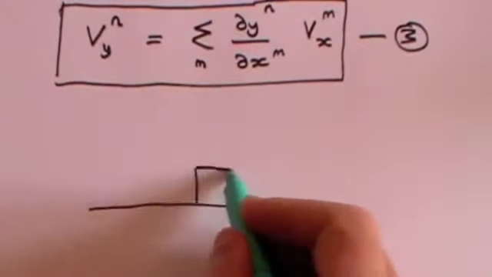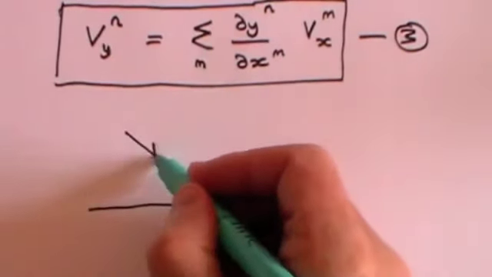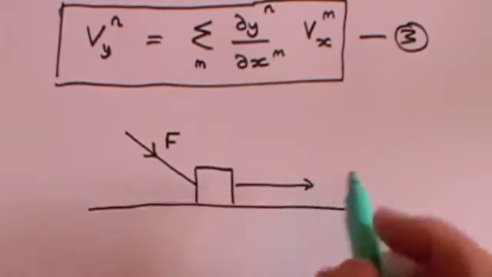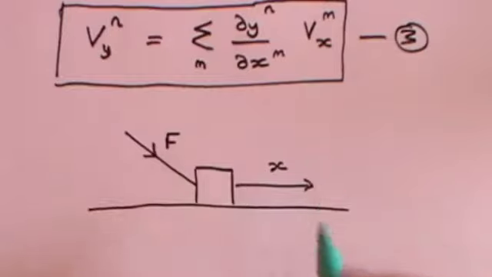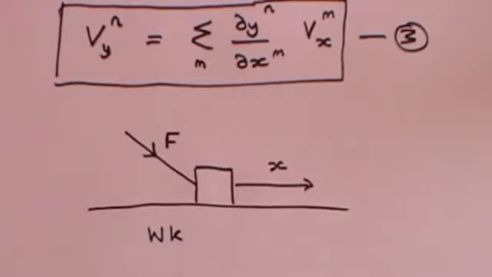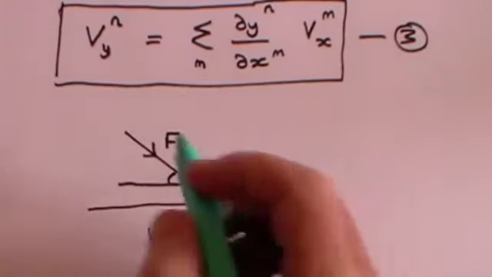Let's put a block on the floor and we're going to apply a force to it in order to move the block a certain distance, x, in this direction. And the work done will be the force times the distance. But of course we can't just take the force, we have to take the component of the force that is moving in the direction we want to go.